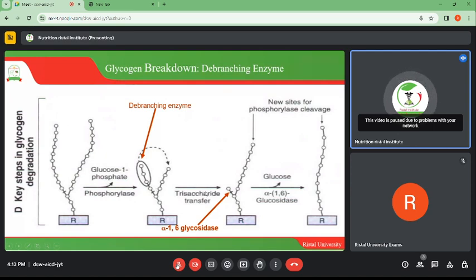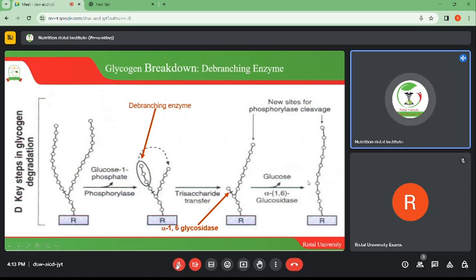If you can see the next one, where we have the trisaccharide transfer. So this 3-glucose unit is transferred onto the next one and makes that chain much longer, so that our enzyme called phosphorylase can continue cleaving and forming the glucose 1-phosphate molecules.